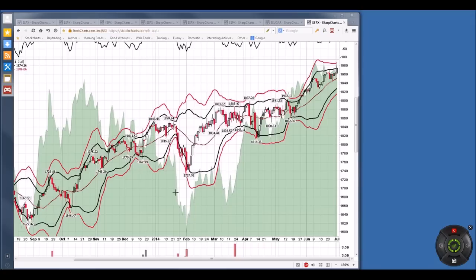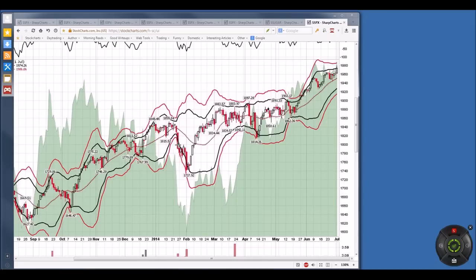And the band rides. This is a nice one here. You've got 1, 2, 3, 4, 5, 6, 7, 8, 9. And you can see on this one, a very classic example, it touches the 2SD lower band every single day.